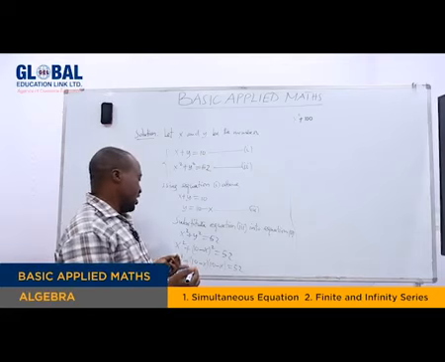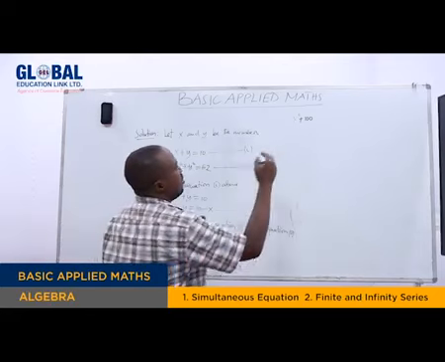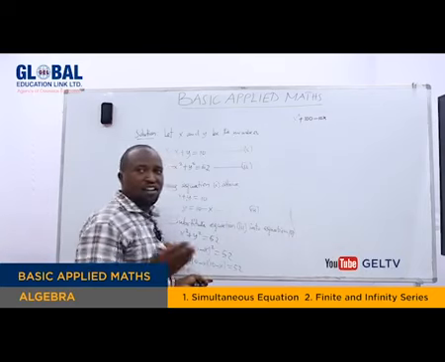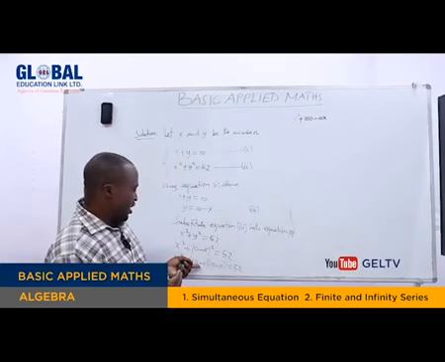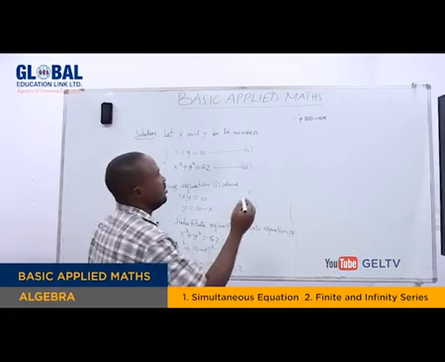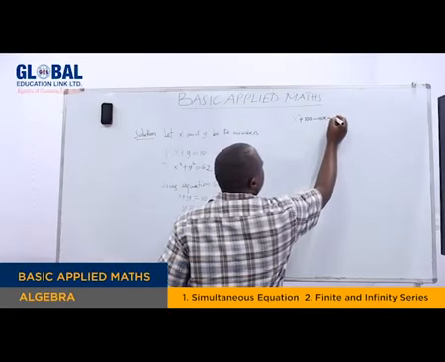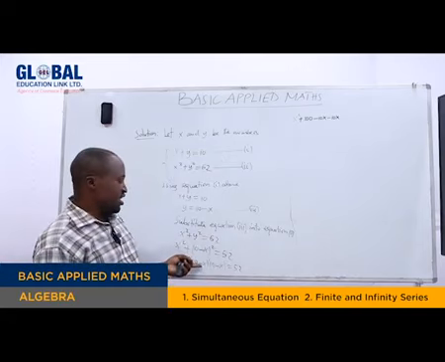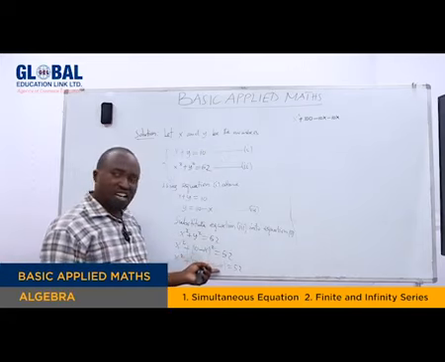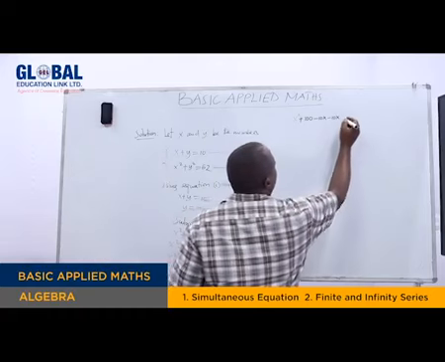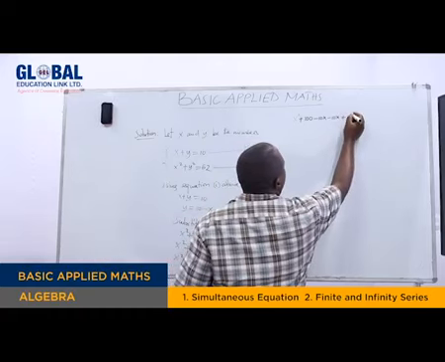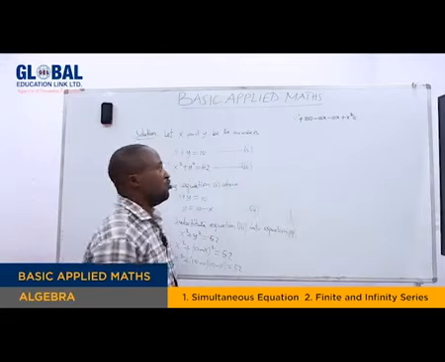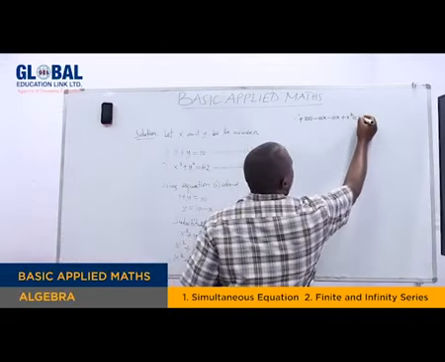Then take 10 times negative x, we have negative 10x. Again, negative x times 10, so again negative 10x. And the last one is negative x times negative x, which is positive x squared, which is equal to 52.